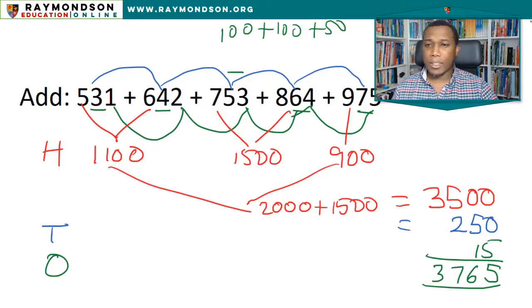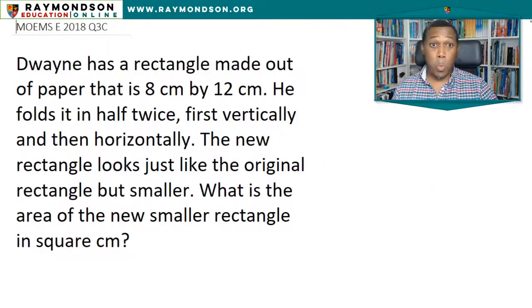Okay, let's go on to another one. And this one, woo, a lot more reading. These questions, by the way, are from the MOEMS Maths Olympiad for elementary and middle school. Elementary is primary school in the US. Middle school is like upper primary into Key Stage 3 in the UK.